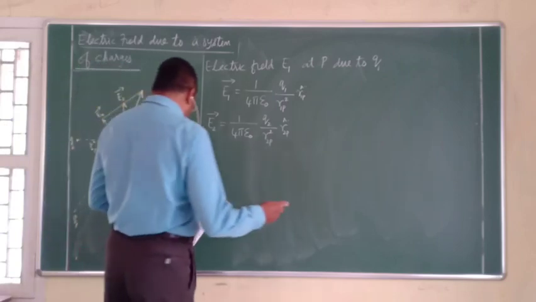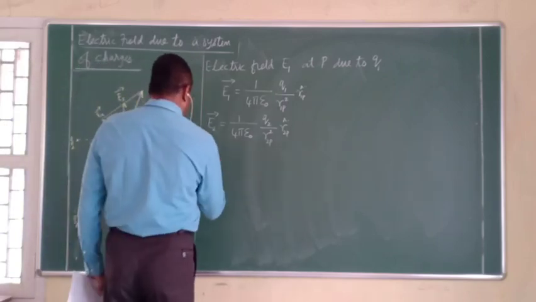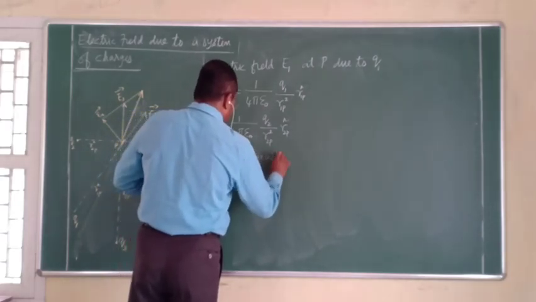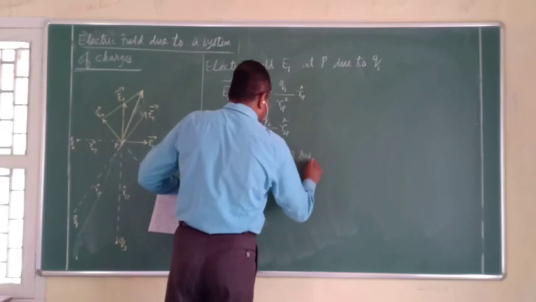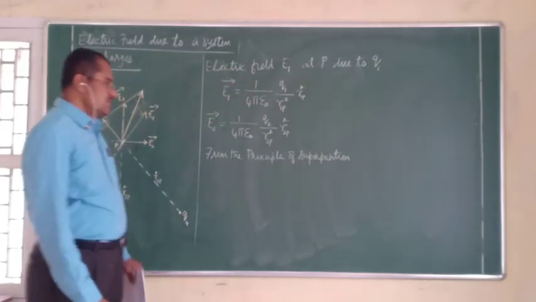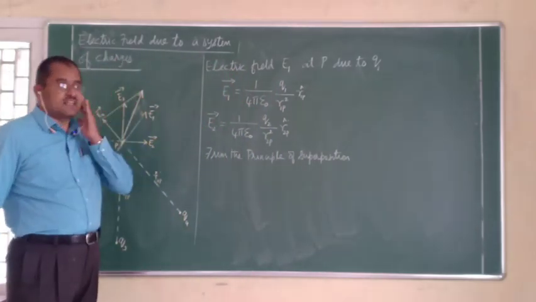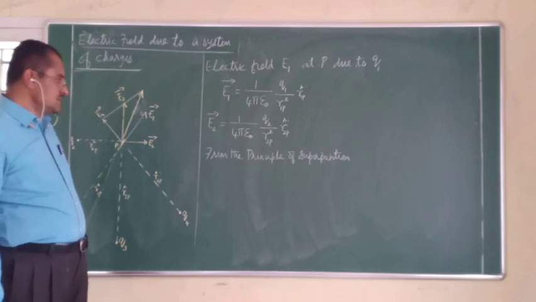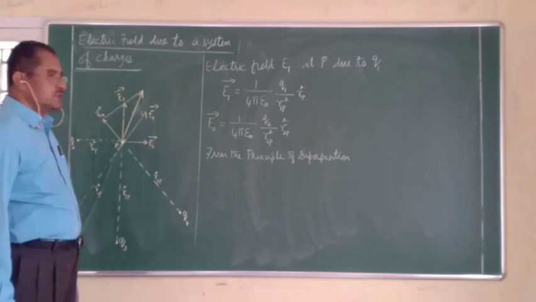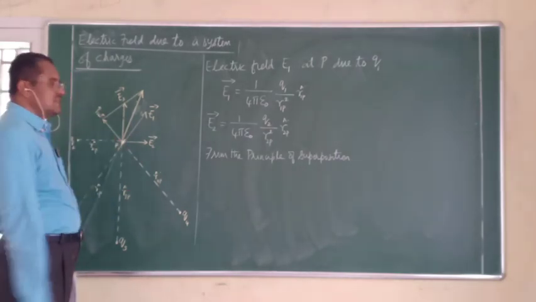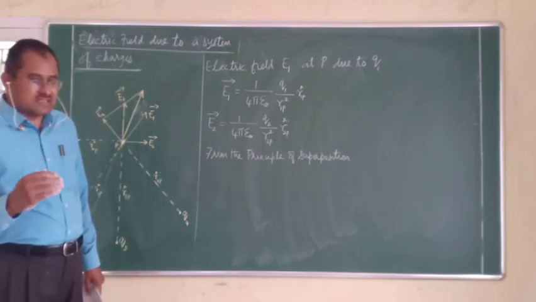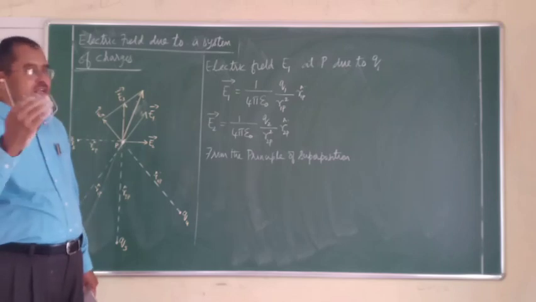Now, we are going to use the principle of superposition. Already I have told you, from the principle of superposition, we can find out the resultant electric field. Resultant electric field at this point P due to all the charges is the vector sum of electric fields at point P due to individual charges.